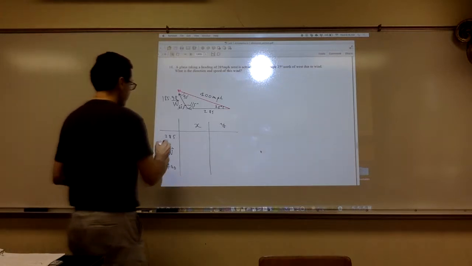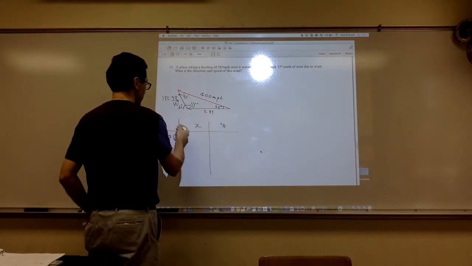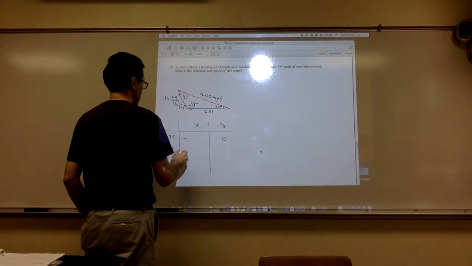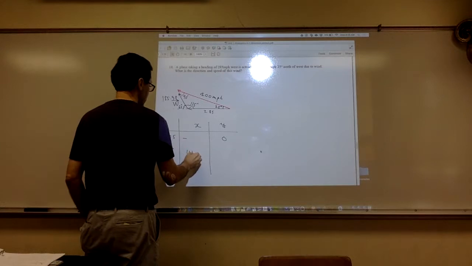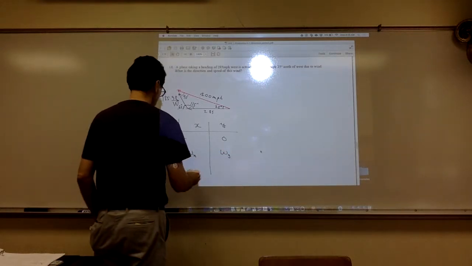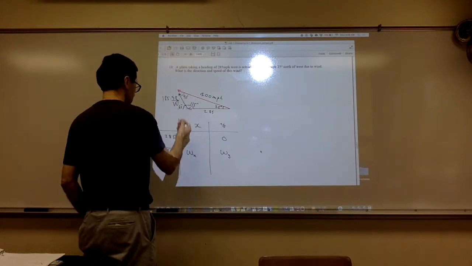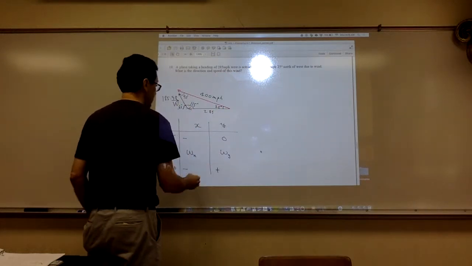The plane is going to the left, so this is a negative. This is 0, there's no y component. We have to find, I'll call this Wx and Wy. And for the 400, it's negative and positive, so negative here and positive here.